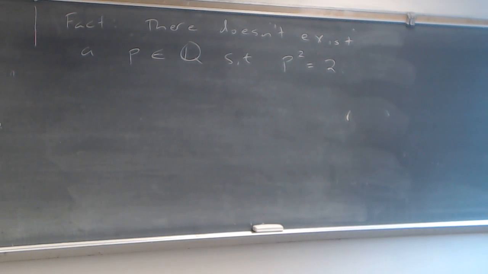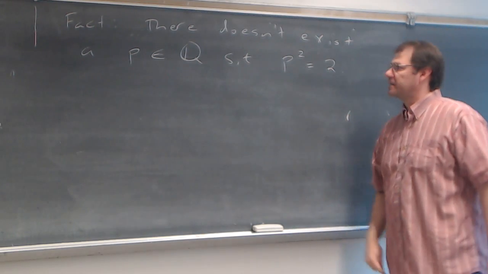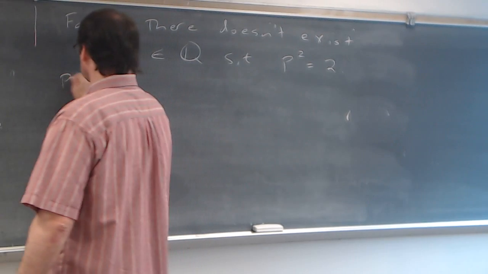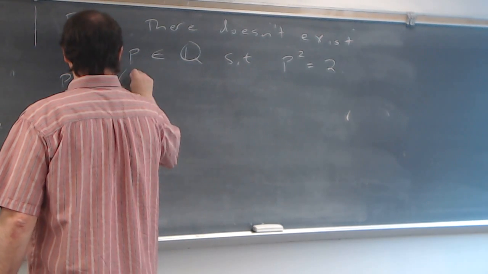So this is a well-known fact. We want to look at it. So there's no solution to p squared equal to 2 in terms of a rational number. And so the proof is by contradiction.